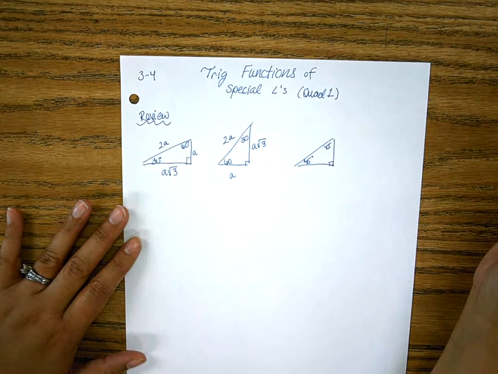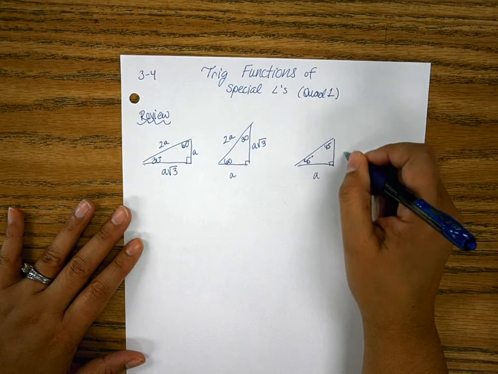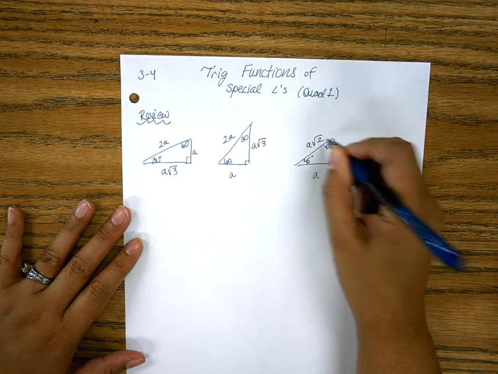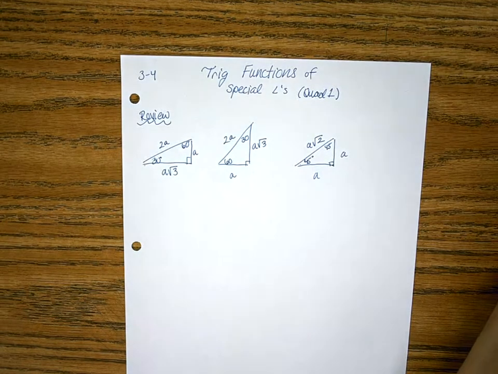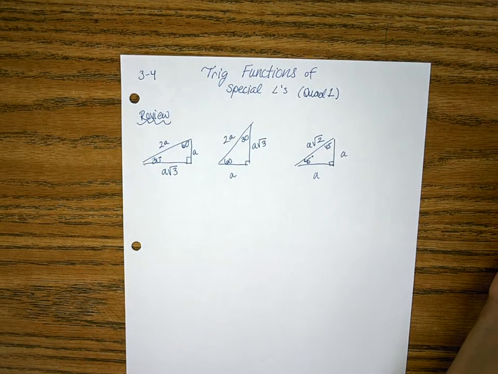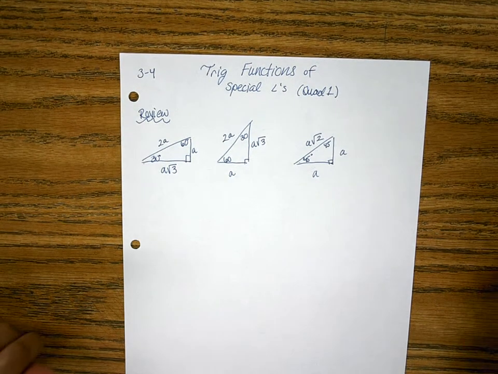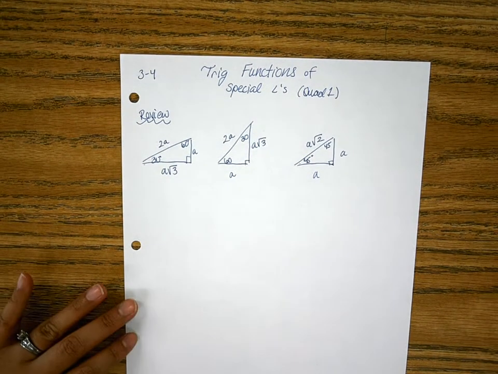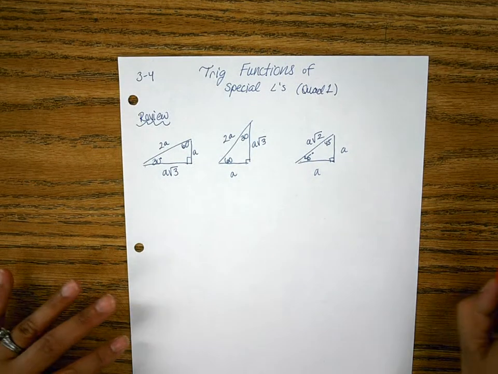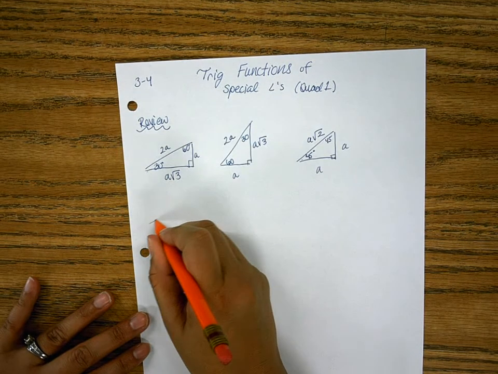And on the 45, 45, 90, the legs are A and the hypotenuse is A root 2.